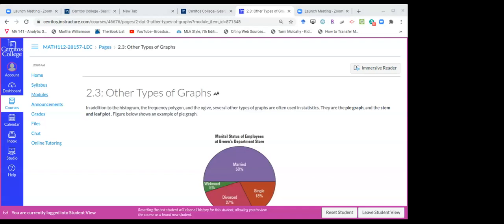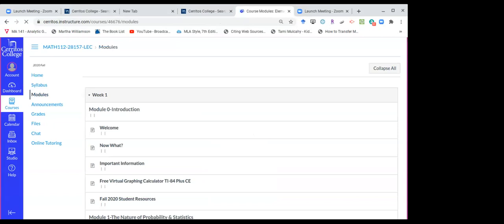Let me share my screen again, and I'll show you the modules one more time. Remember that for your other assignments, you also have a link to the slides.